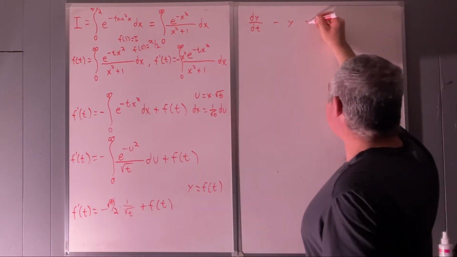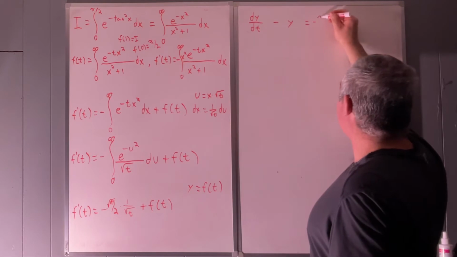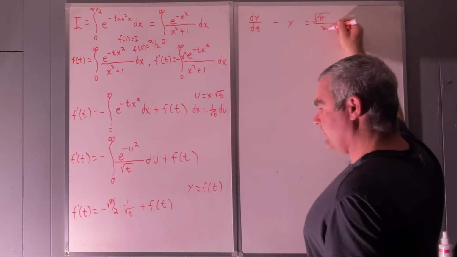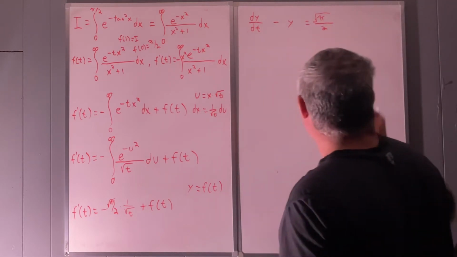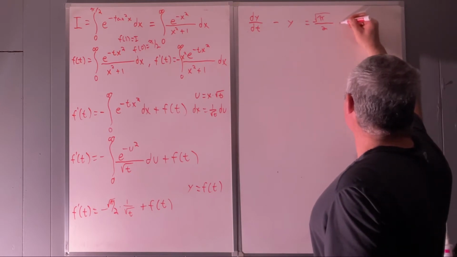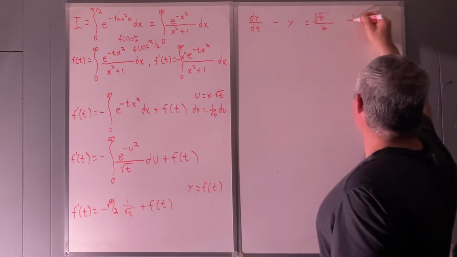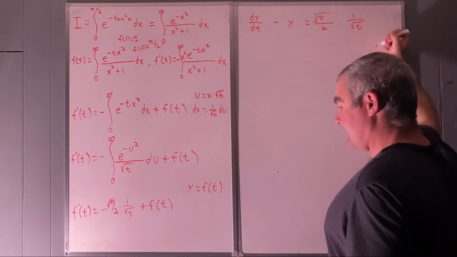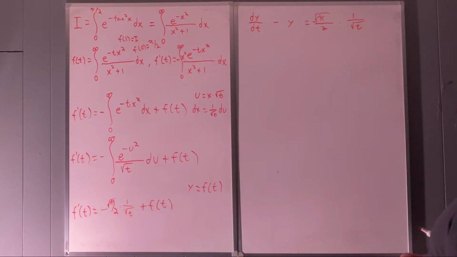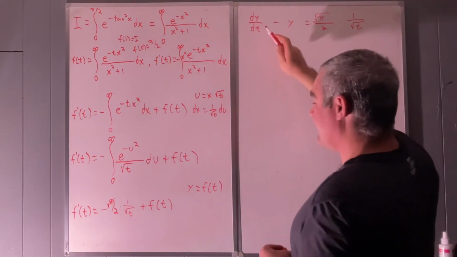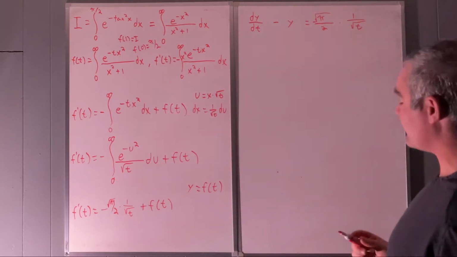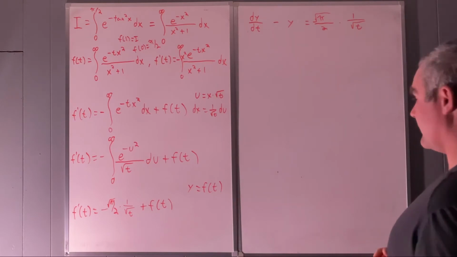And then we will set that equal to negative square root of pi over 2 times 1 over the square root of t. And that is correct. There's our f prime of t, there's our f of t brought to the other side, there's our negative square root of pi over 2, and there's our 1 over the square root of t.